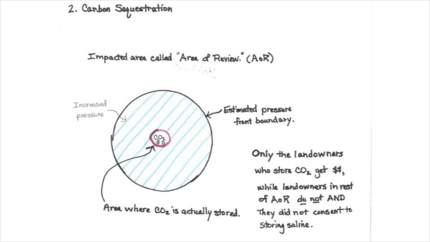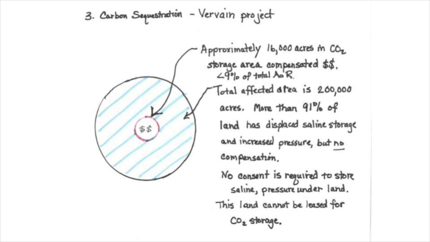So we can move to slide number 3, the carbon sequestration slide. There is approximately 16,000 acres in that CO2 storage area that might get compensated. And that is less than 9% of the total AOR in the Vervain project.